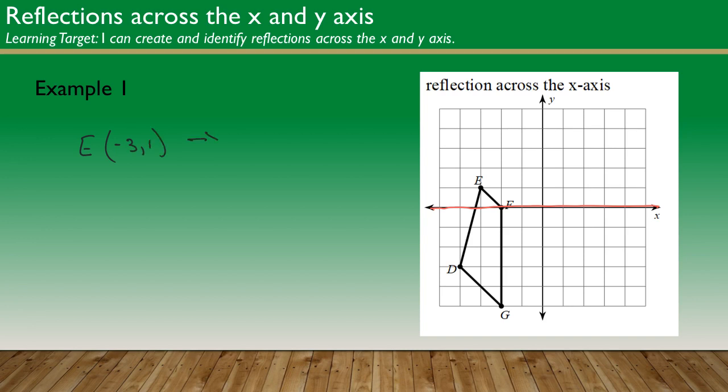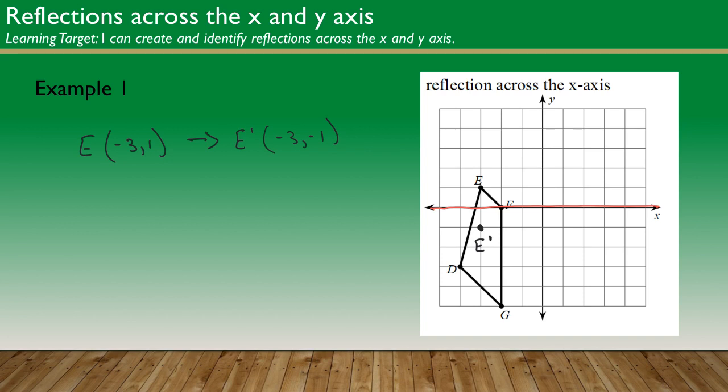My reflection, if I flip it over the x-axis, is going to go down here, and we're going to call that E prime. E prime is actually at negative 3, negative 1. As you see here, if we reflect over the x-axis, we change the value of y.